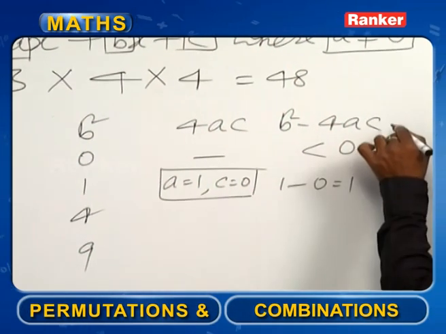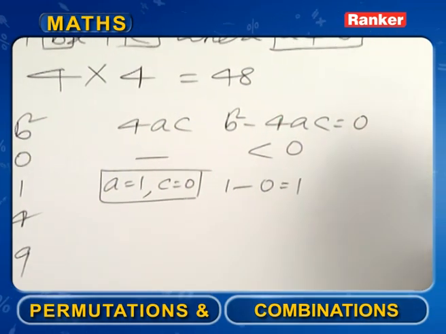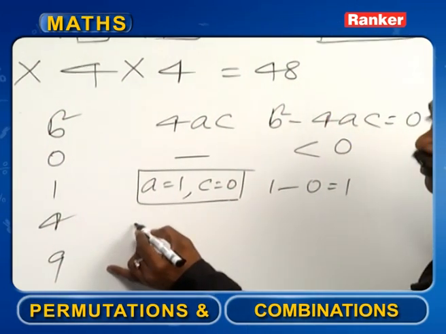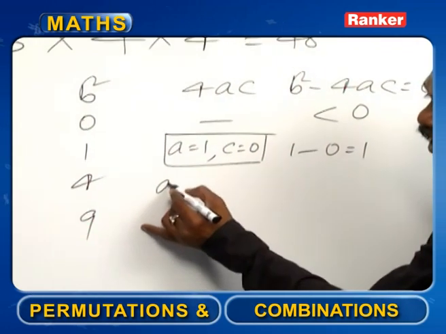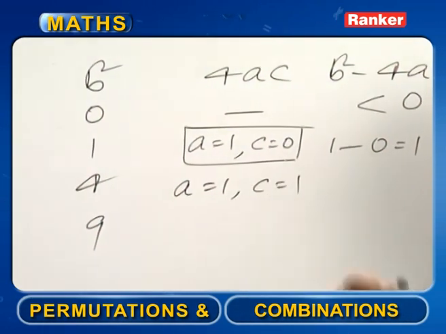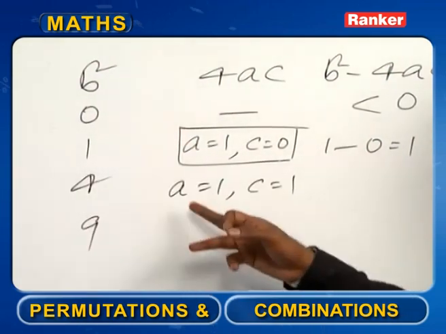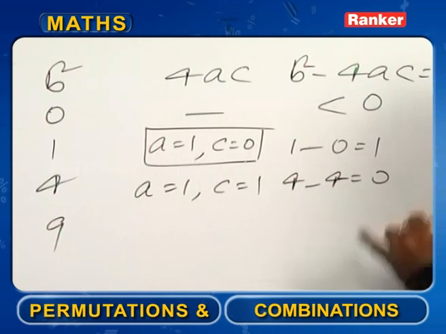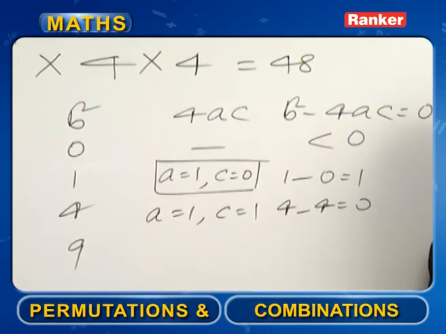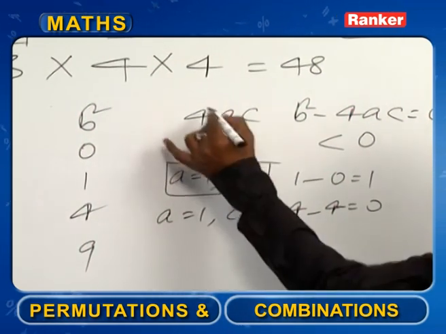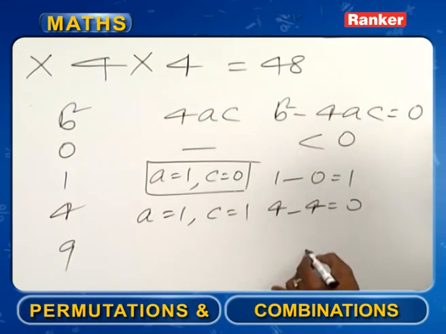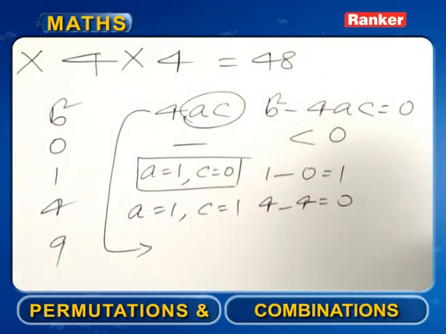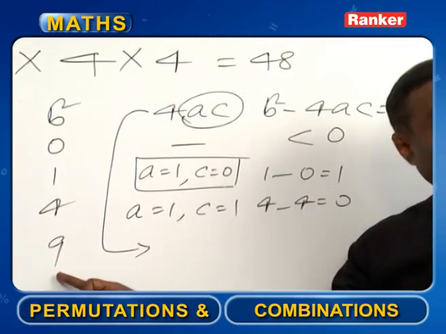So in our case, we require b square minus 4ac equal to 0. So it is less than 0, it is greater than 0. Now in this case, if you put a 1, c also 1, then b square minus 4ac, that is 4 minus 4, becomes 0. And for 9, you don't get any 4ac value to make it 0, because 4 is multiplying ac, you will never get this odd number.